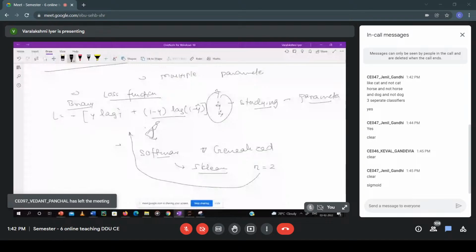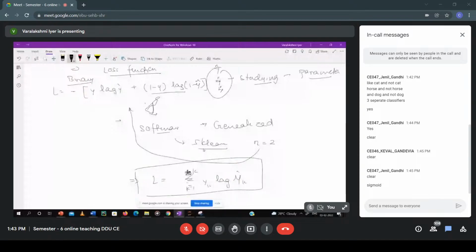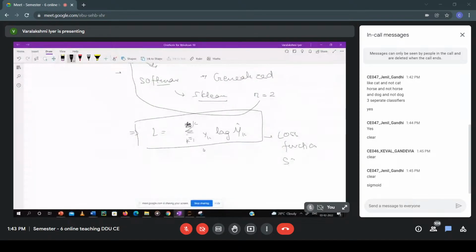But whenever you have more than two classes, your loss function will be something like this: summation over k of y k into log of y hat k. This will be your loss function in the case of softmax regression.